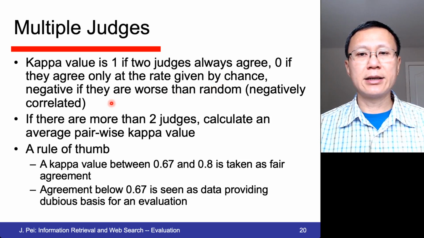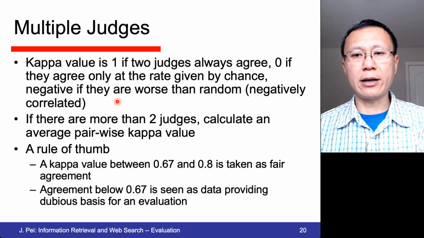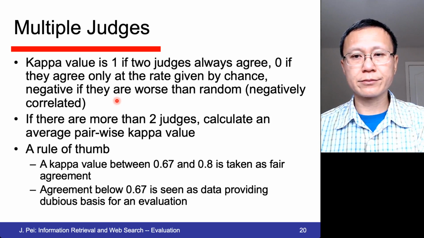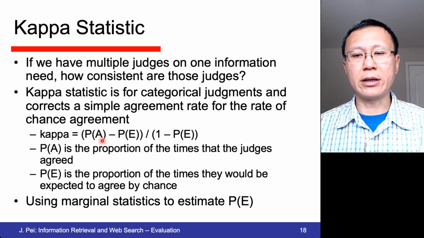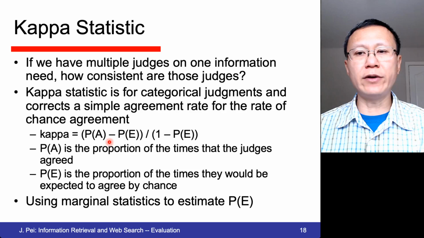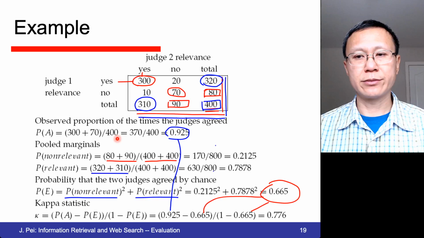And it is negative if they are worse than random. It can be negative because if this PA is even lower than PE, meaning we observe that the probability the two judges agree with each other is even lower than what we calculate as the expectation using the marginals.